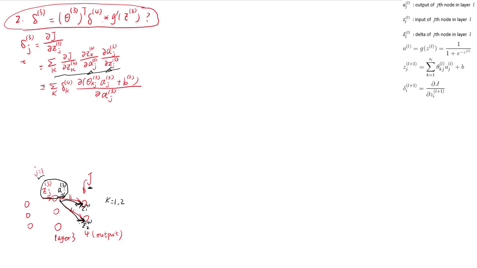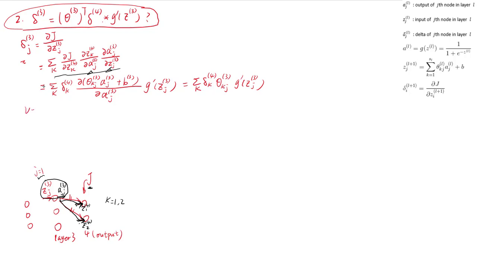And the last one is nothing but the derivative to z3j. This equals the summation over k of delta k4 theta kj3 g prime z3j.